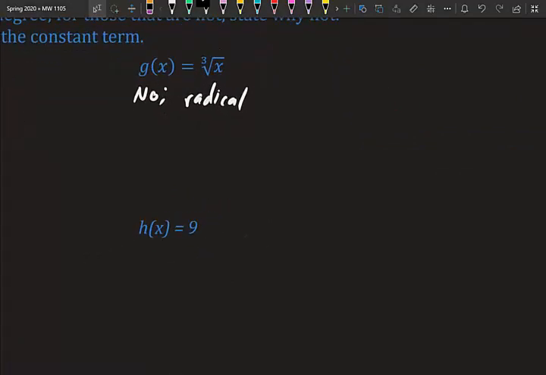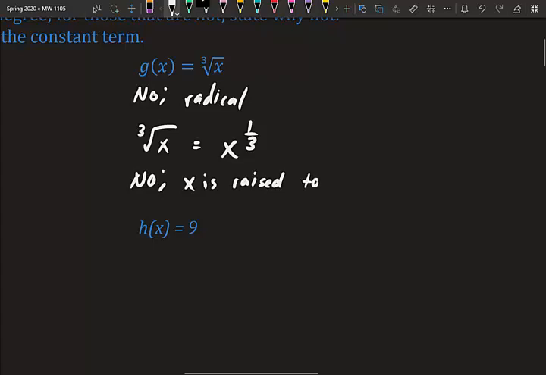Now, why are you saying fraction? Where are you getting this from? Remember when we were doing the square roots in chapter 6? The cube root of x is the same thing as x to the power of 1/3. That's actually what we have. So the real reason is no, because x is raised to the power of 1/3.